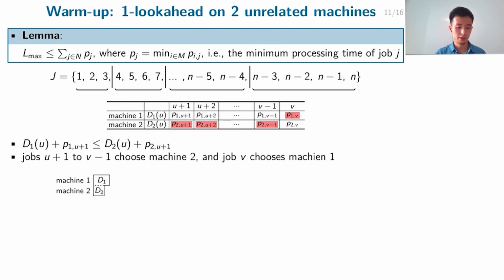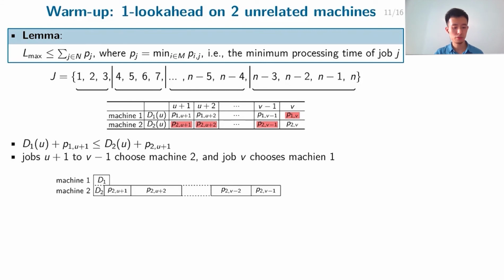Basically, the schedule of the group is like this. Before the jobs choose machines, there are initial loads D1 and D2 on each machine. Then jobs U plus 1 to V minus 1 choose machine 2, and the last job in the group, job V, chooses machine 1.